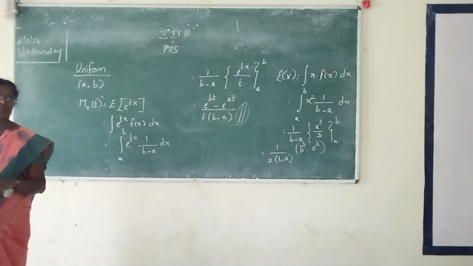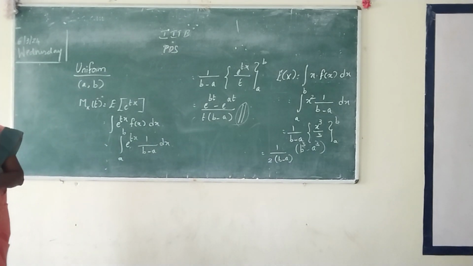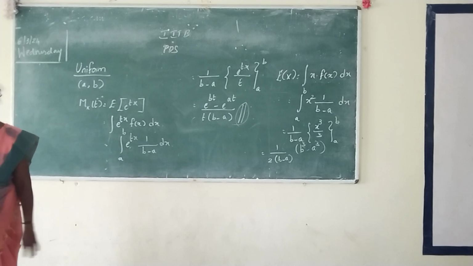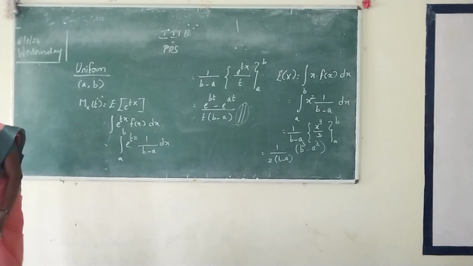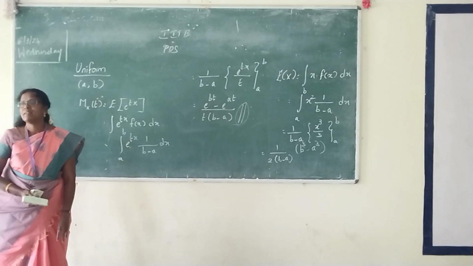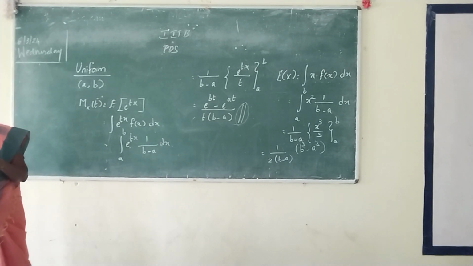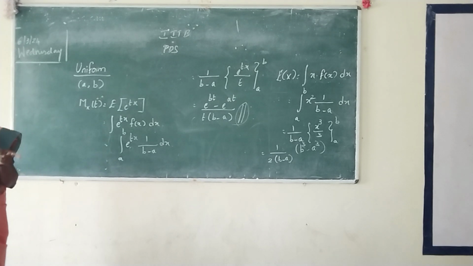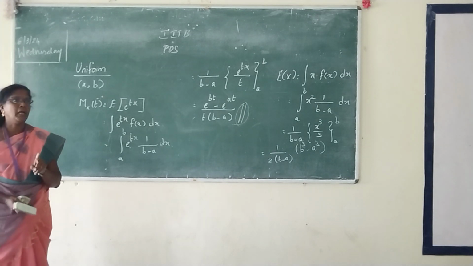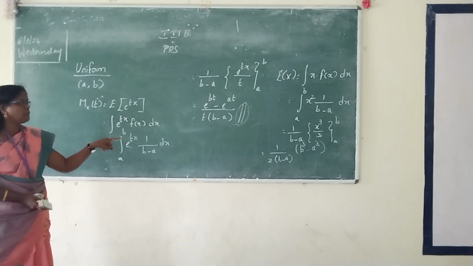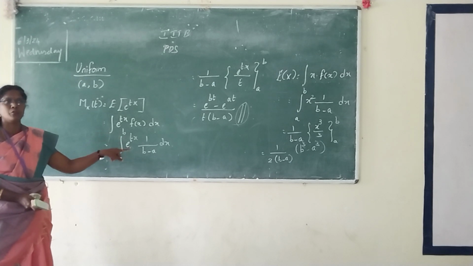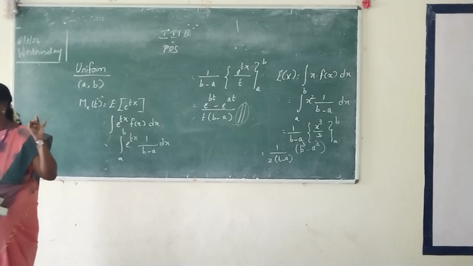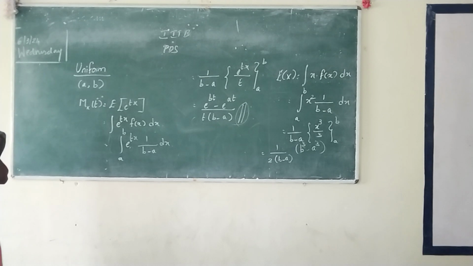What is the formula? a cube minus b cube is a minus b into a square plus ab plus b square. So when you substitute that formula and simplify, we will get mu2 dash. Then using mu1 dash and mu2 dash, you can find the variance.